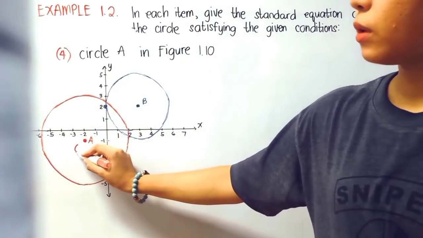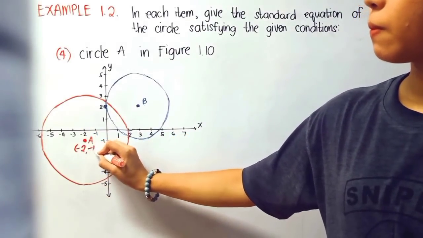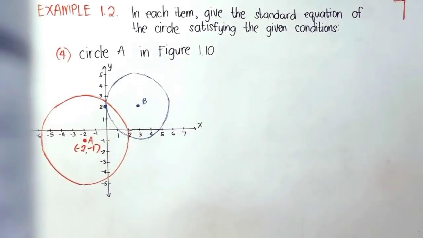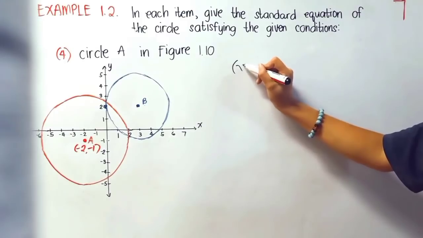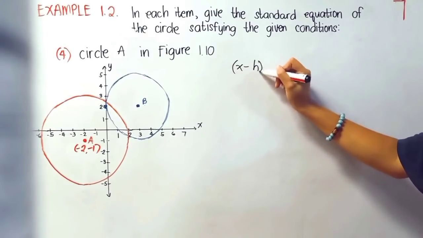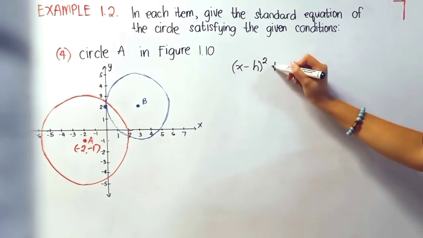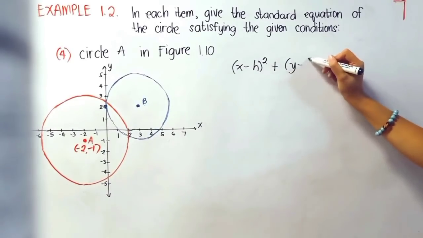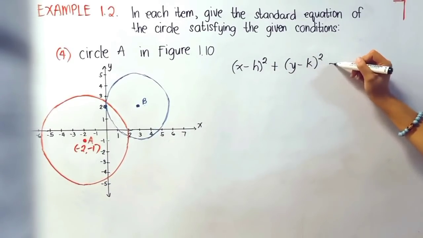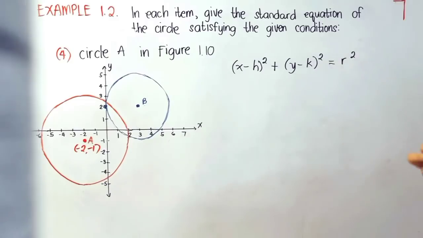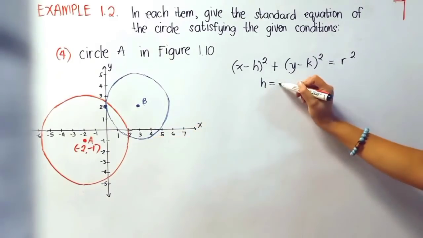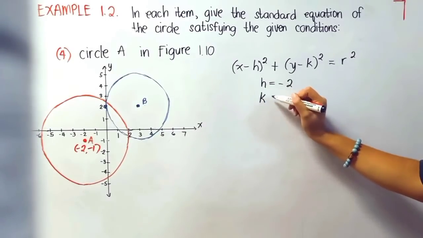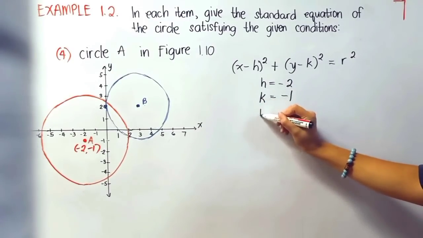Since the center is -2, -1, which is not in the origin, we will be using x minus h quantity squared plus y minus k quantity squared is equals to r squared. Our h is -2 and our k is -1.